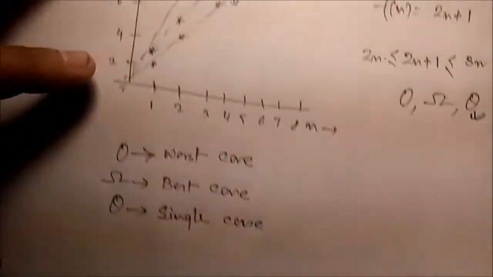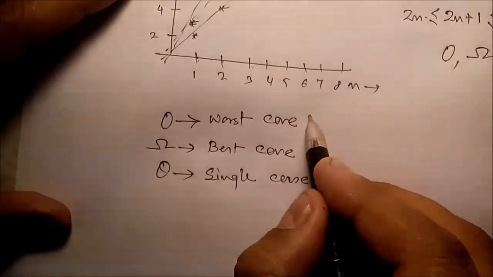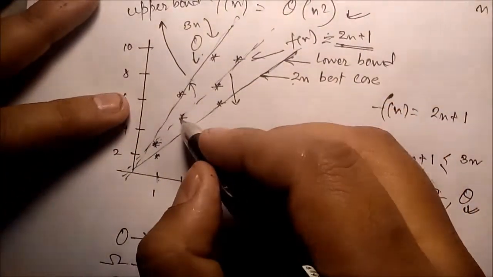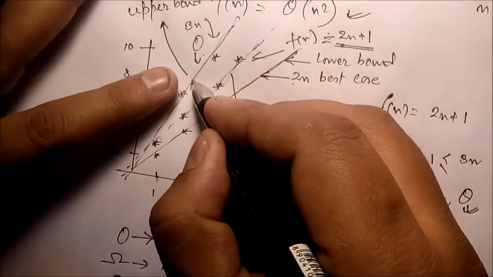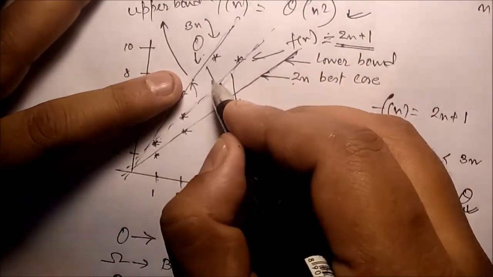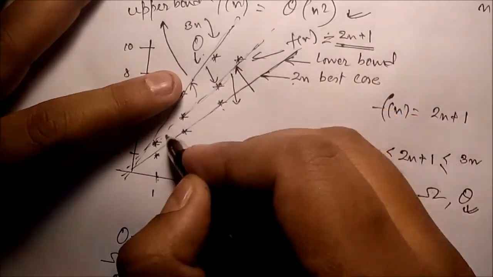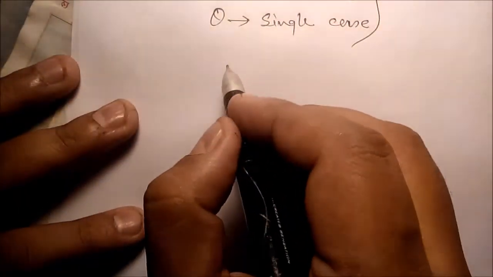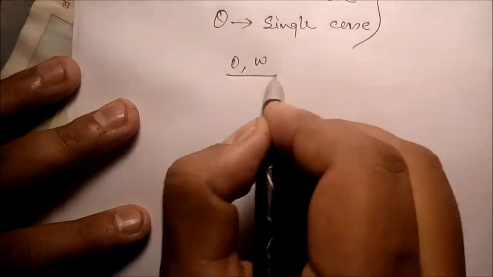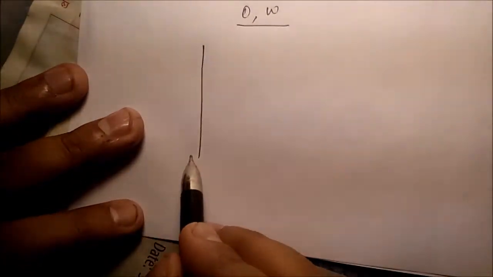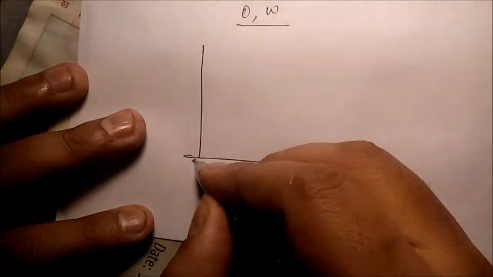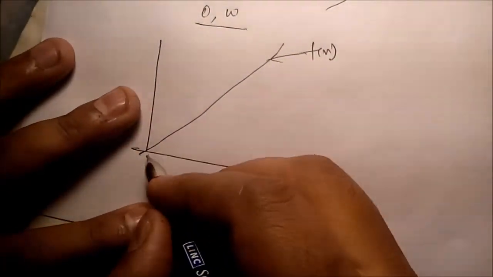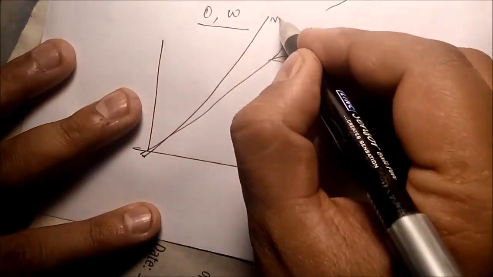Now these three are asymptotically tight. Asymptotically tight means the worst case or best case complexity is very near the actual complexity. Now when should we use small o and small omega? Suppose the complexity of f(n) is this one, and the asymptotically tight bound is, say, n square.